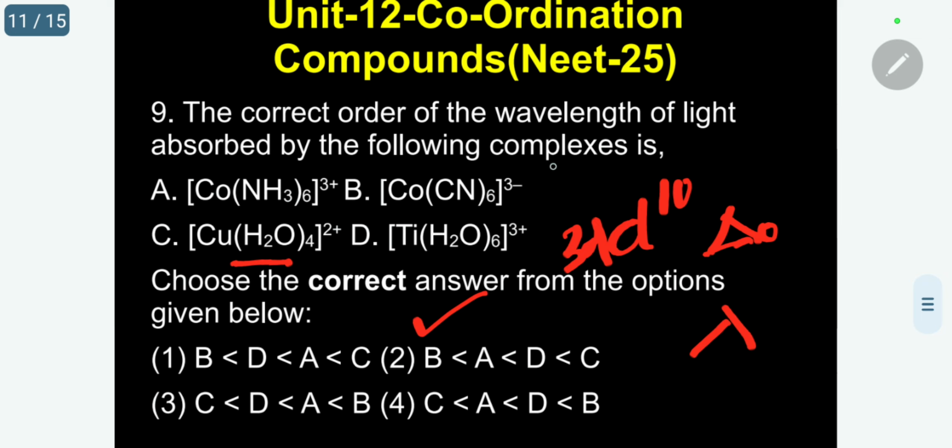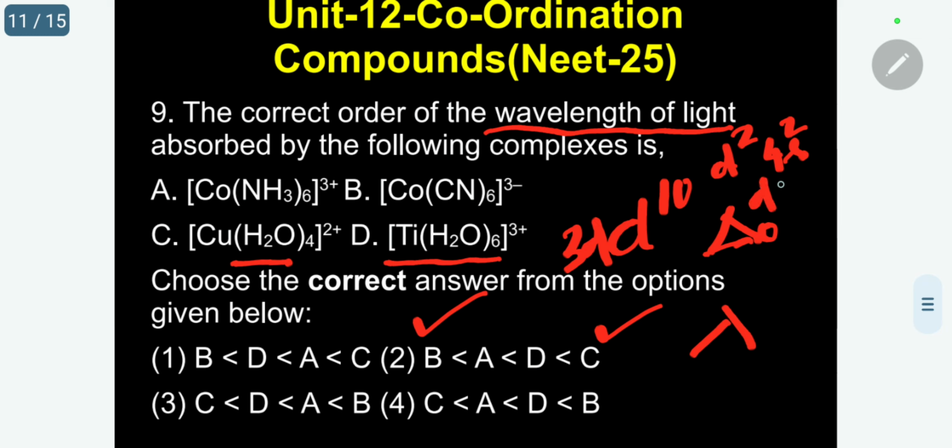Please follow the correct order of lambda. So higher lambda for C. Coming to titanium, again the same ligand, but in this case titanium is 3d2 4s2. So what will happen? 3 plus means it will be only one electron, 3d1.